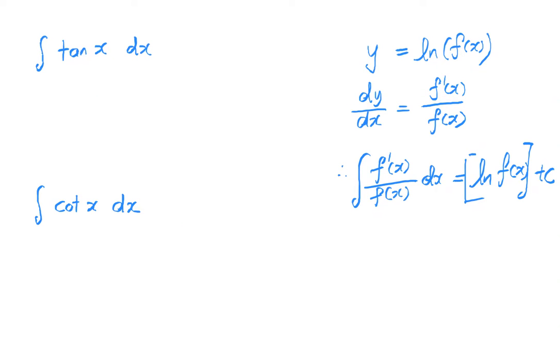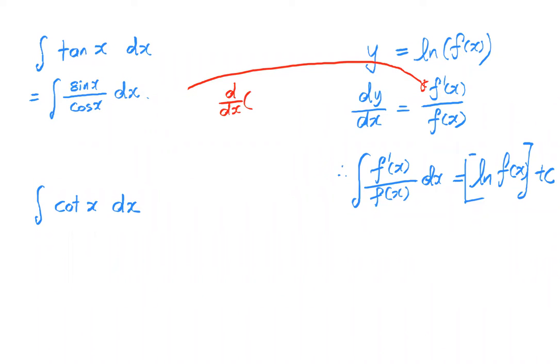So look, when you say tangent, it is on the basis of sin x over cos x. So you see, it's of this form. Agree? If I differentiate cos x, what do I get? I should get negative sin x, am I right?